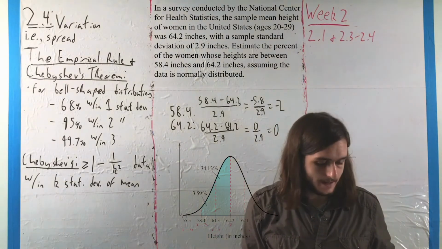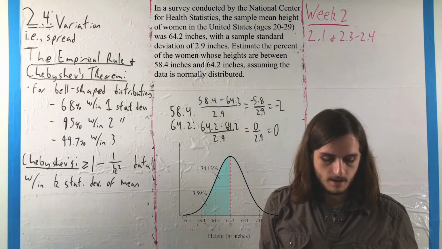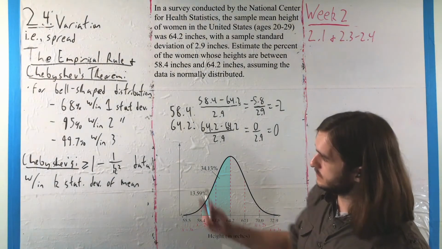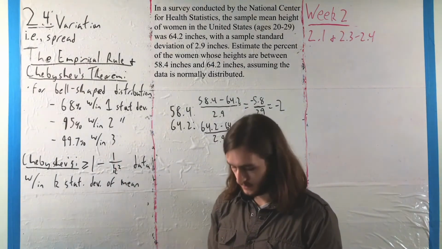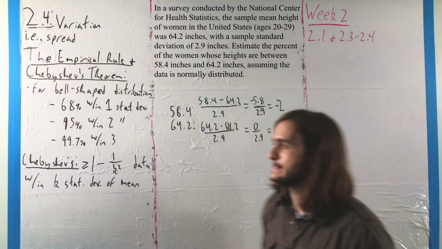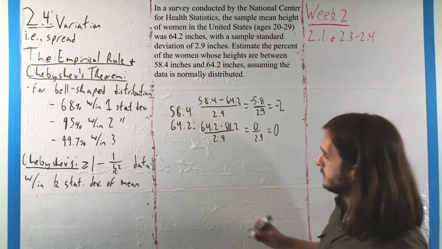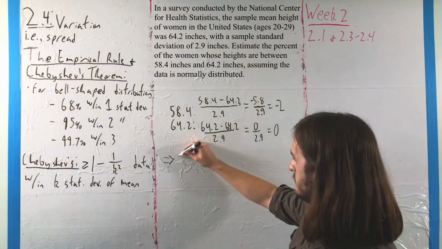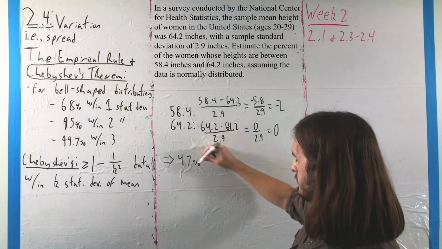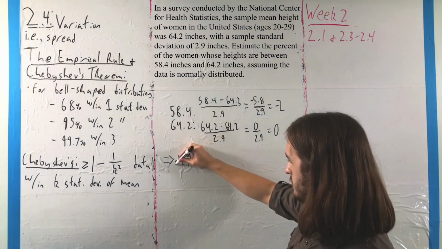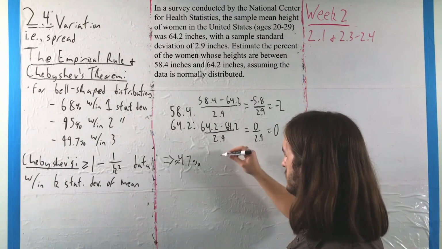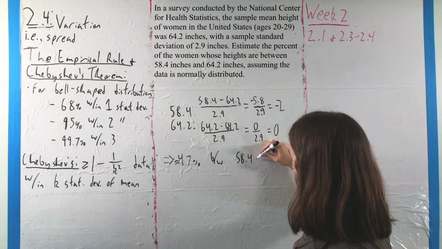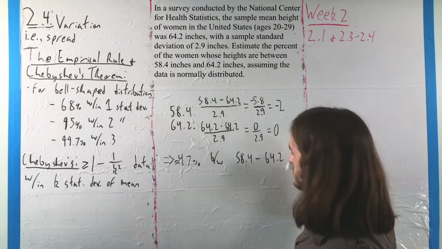But anyway, back to that picture, thinking about it in that way, what we can do is use essentially half of the 95% in the 2 window to get that we should have about 47%, approximately 47%, between the values of 58.4 and 64.2.